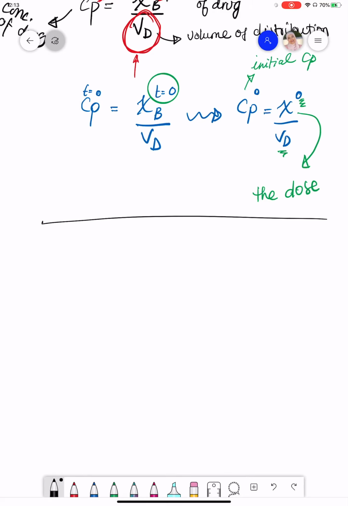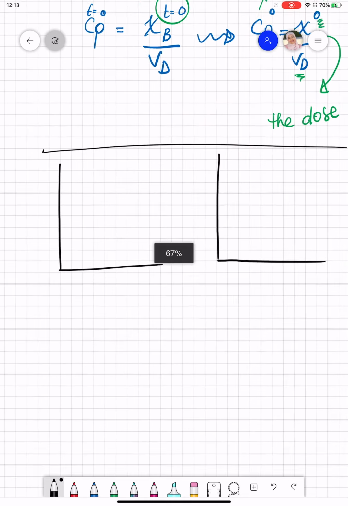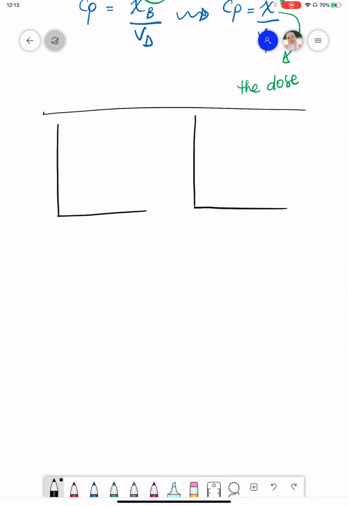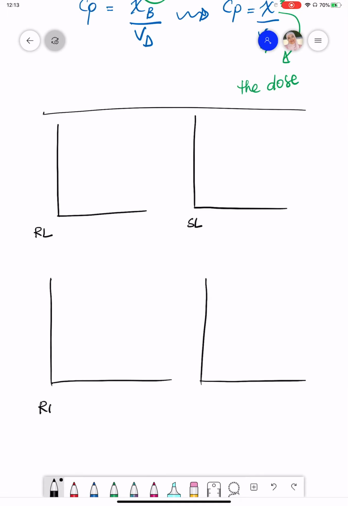So if we are talking about concentration terms, it depends on the profile or the graph that you are having your profile on. So I will have this rectilinear, semilog, rectilinear, and semilog, okay?